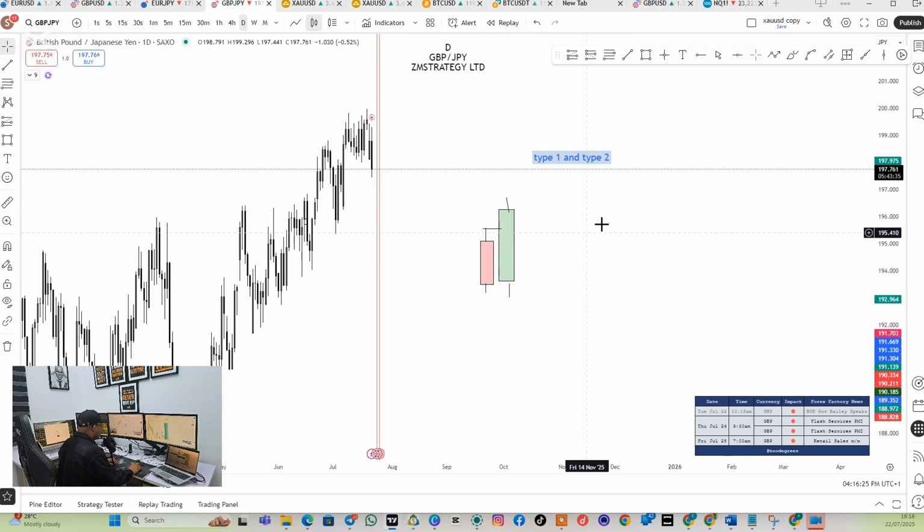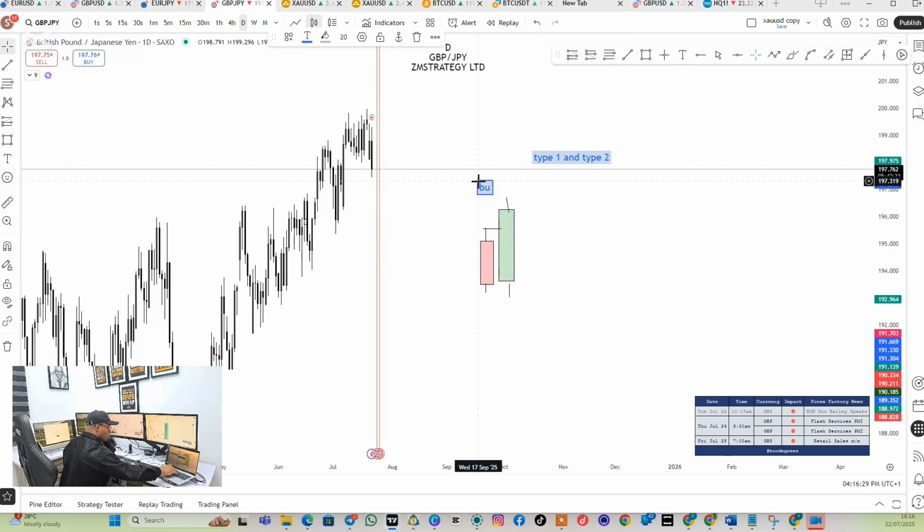So this is a bullish engulfing candlestick type 1. You can call this bullish engulf type 1. Type 1 is when just one candlestick engulfs.